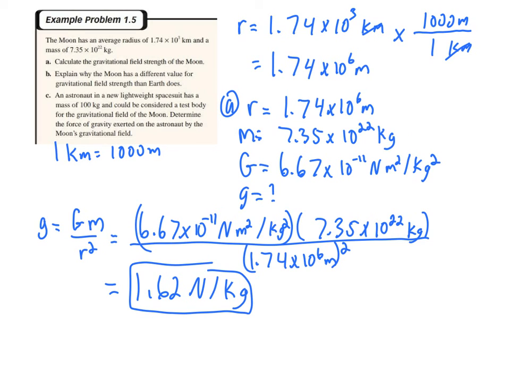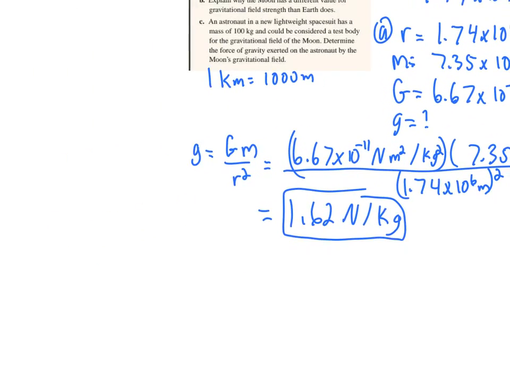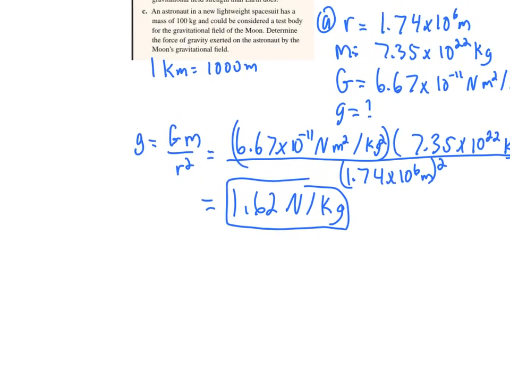While big G is the same, these other two values are quite different. And so while we were at 9.81 or 9.83 for the Earth, we are only at 1.62 newtons per kilogram on the moon. So that leads us into the last question for this video, which is C.